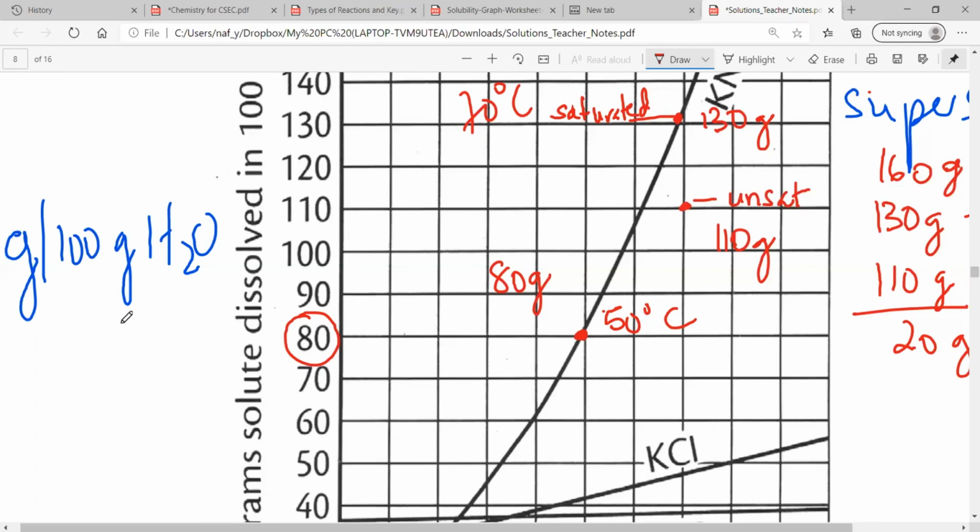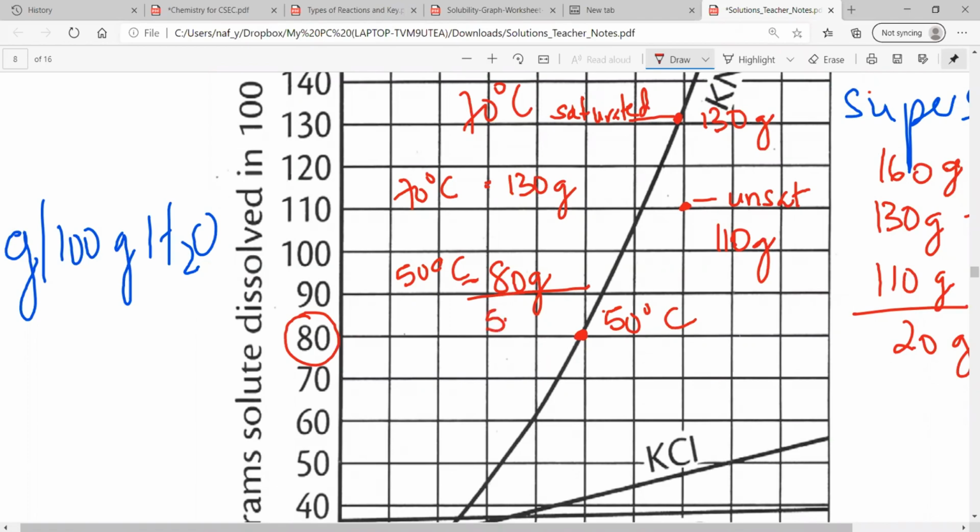So all we have to do is a simple calculation. At 70 degrees Celsius, I have 130 grams dissolving. At 50 degrees Celsius, I can have a maximum of 80 grams dissolving. How much is not going to dissolve if I cool it? All I have to do is subtract 80 from 130.